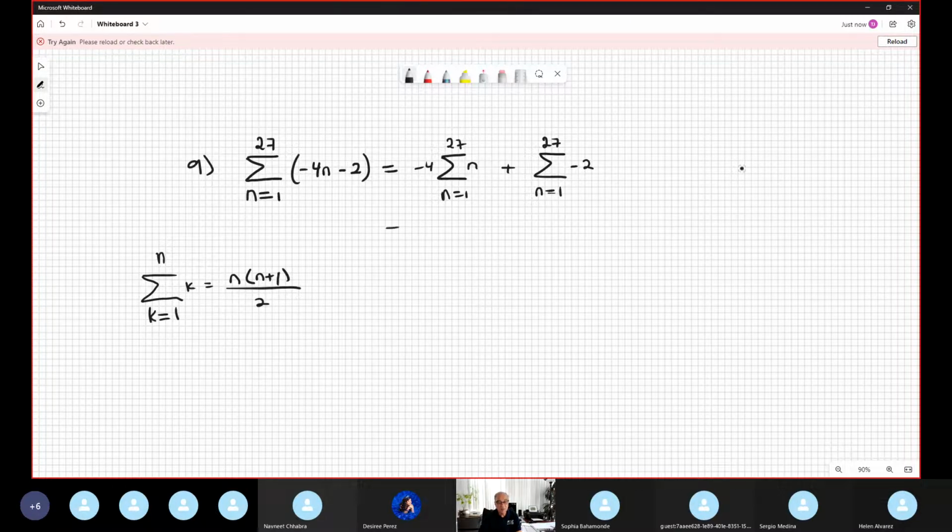In this case, negative 4 is a factor. So, 27 is n, multiplied by 28, which is n plus 1, divided by 2.